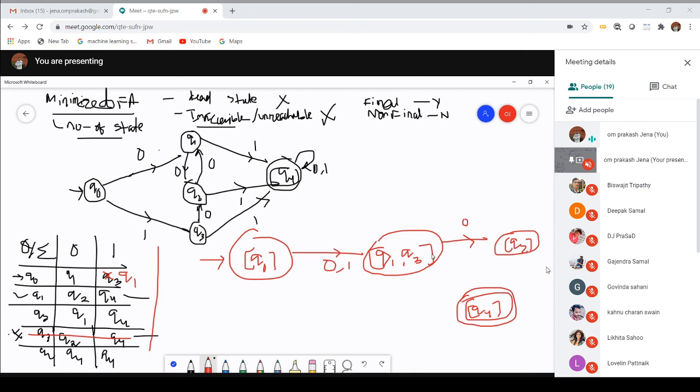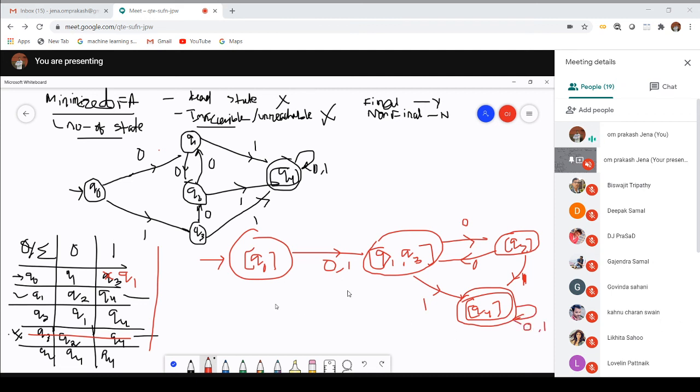If I pass 1, it will move to Q4. On Q2, if I pass 0, it will return back to this. On 1, it will move to Q4. On Q4, either 0 or 1, it will remain on Q4.